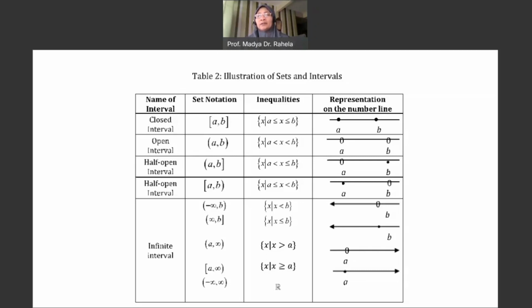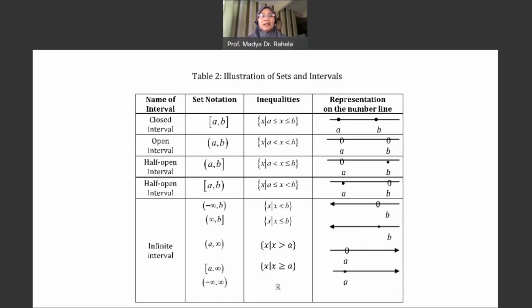Here also, we represent it on the number line by drawing a blank dot, not a black dot like this. This is a full dot, this is a blank dot. Kita tak hitamkan di tengah-tengah tu. So, on points A and B, since it is an open interval and it is not included in the equation, kita draw a blank dot.